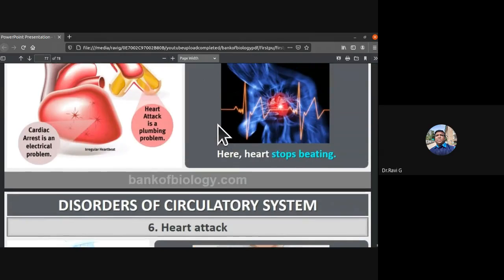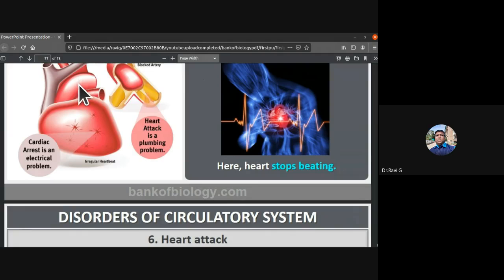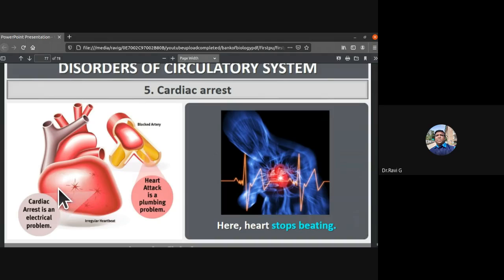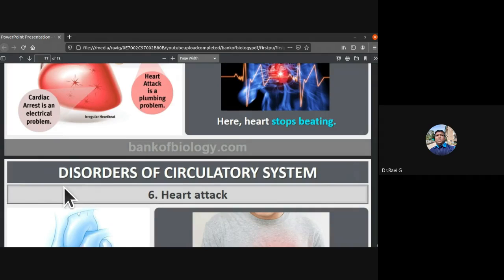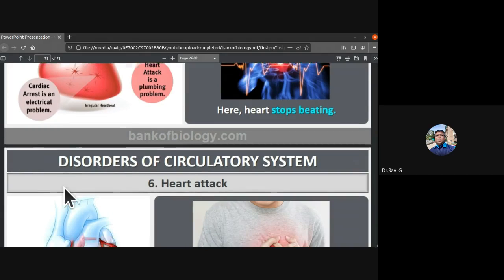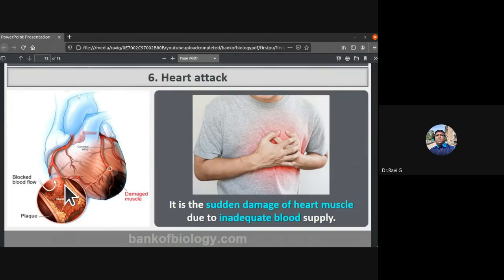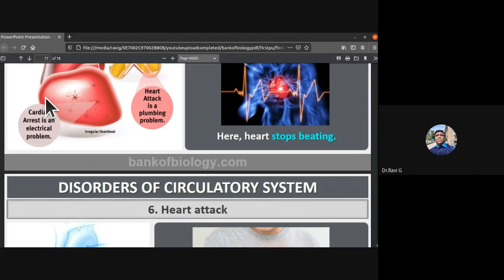So cardiac arrest is an electrical problem, whereas a heart attack is a plumbing problem. This is how you should understand the difference between them. Many times you might wonder how a very healthy person suddenly has a cardiac arrest. That is because of the failure of the impulses.